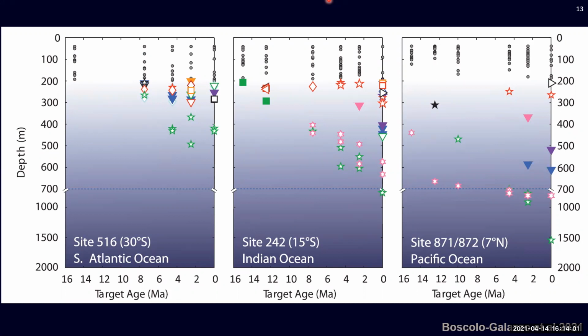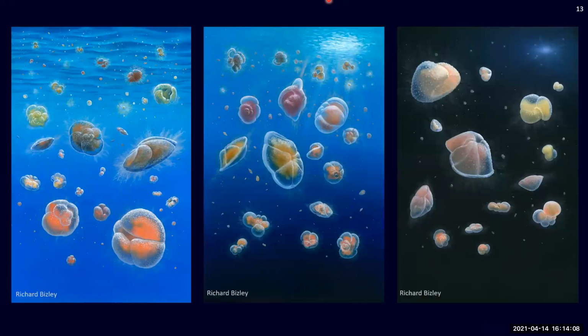And this suggests that the evolution of morphologies could be driven by the need to maintain specific depth habitats within the ocean. So you can see here some artistic representations. These are the surface waters, and then as we move deeper, we find different shapes of forams. And so the suggestion is that their morphologies have been driven by this need to maintain a specific depth within the ocean to get the nutrients that they require.